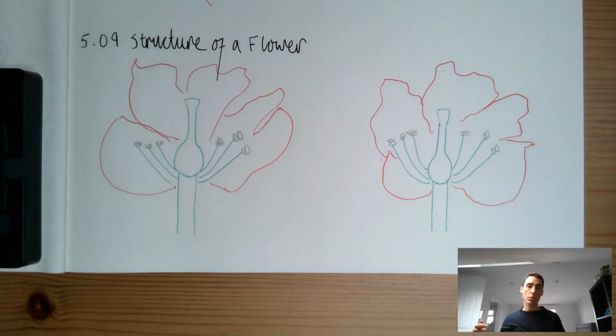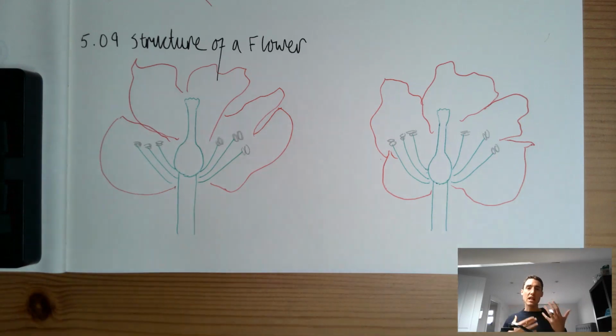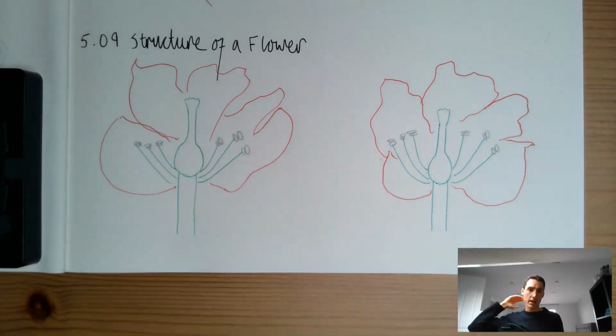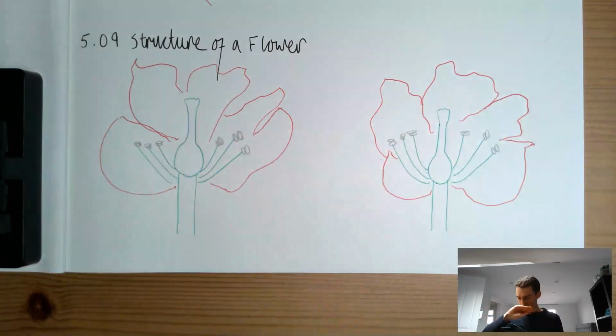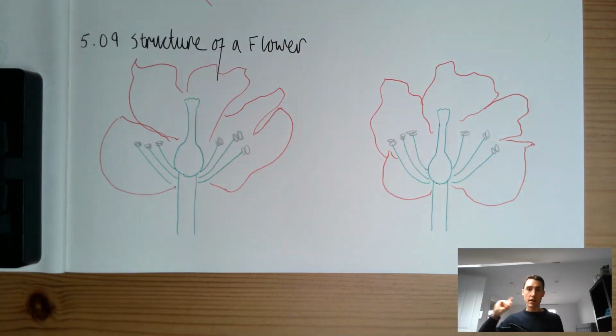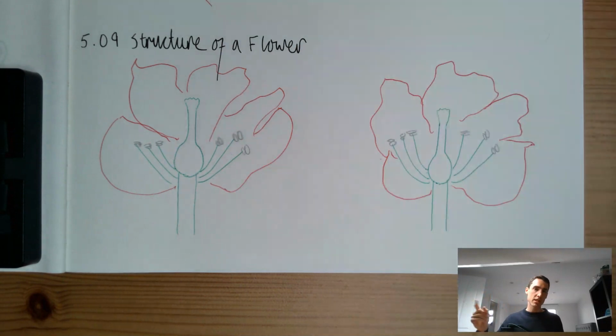So the first thing that we're going to do is name all of the parts of the flower in order that they can see how fertilization occurs in plants. But I think it's important, as I keep saying throughout this scheme of work, not to just go into information transmission mode and say, right, you need to remember this name and this name and this name.